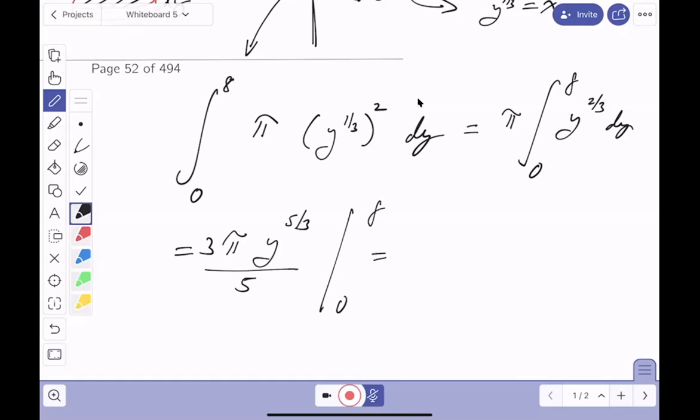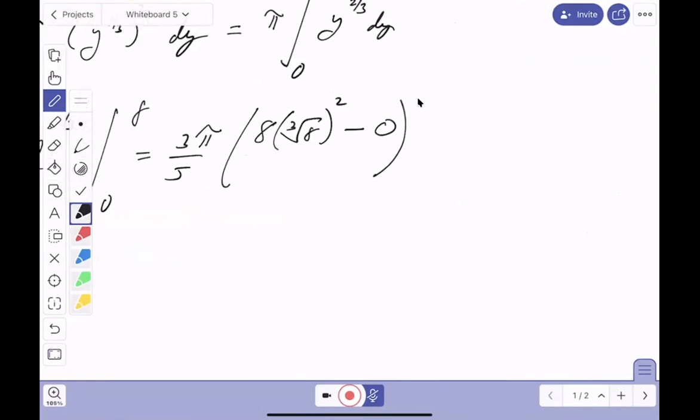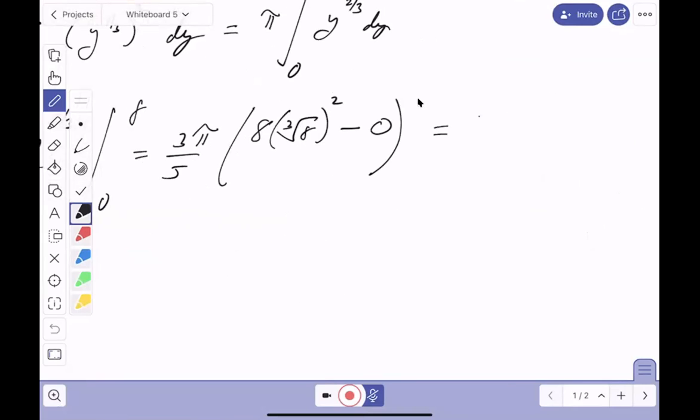I'm hoping it's going to be easy to do. 3 pi over 5. I want to point out that y to the 5/3 is going to be actually 8 to the 1/3 cubed... the cube root of 8 is 2, so it's going to be 8 cube root of 8 squared, minus, well, the lower limit's 0, so that's easy. That's 0, right? I got to do that arithmetic. No, I don't need a machine to do that.